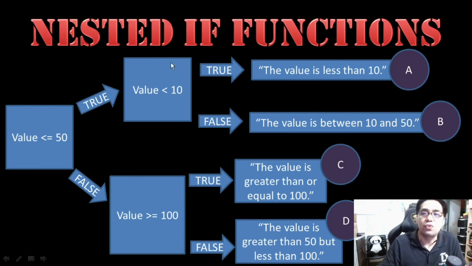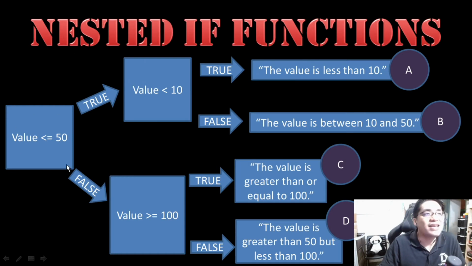If that is true, then the value is less than 10. If it is not less than 10, but of course it is already less than or equal to 50, then we want Excel to go to this outcome, which says the value is between 10 and 50.